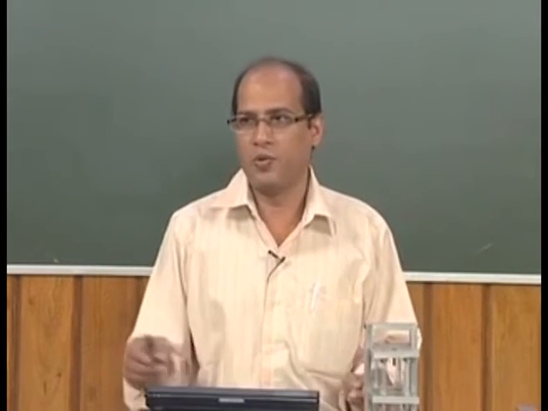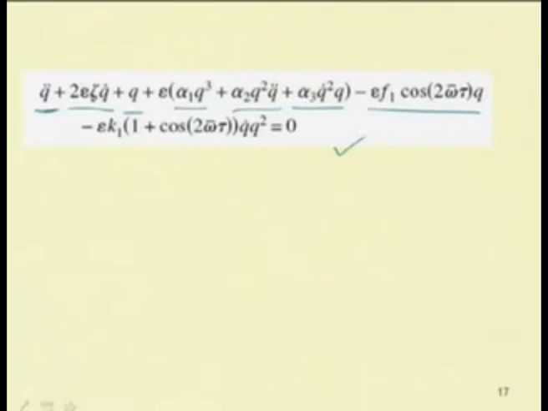For this cantilever beam subjected to a magnetic field, one can have this type of governing equation. You can observe that the coefficient of Q is a periodic term. So, this is a parametrically excited system along with cubic, geometric and inertia nonlinear terms.